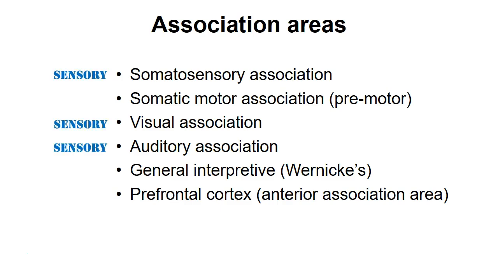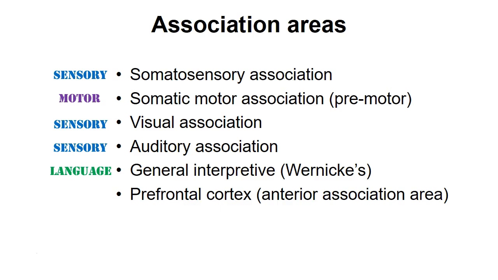If we group these, we can see that the visual, auditory, and somatosensory areas, which is the one we just looked at, are all sensory information. This one is motor. This is where your intent to actually physically move is started, kind of like the choreographer of movement, starting to create that plan.